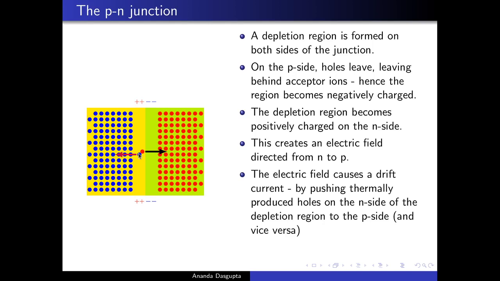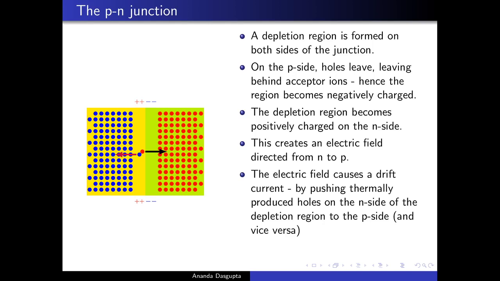So the moment a pair is formed anywhere in the depletion region, the electric field actually sort of drives it out of the depletion region. But notice the electron has not crossed the junction, so it's still on the n side, but the hole has crossed over. So what has happened? You end up with a current across the junction because of the electric field. So this is a current which is produced by an electric field which is pushing the charge carriers along.